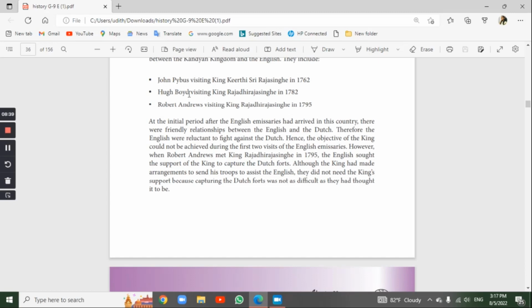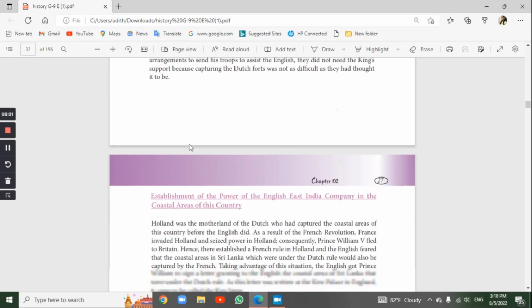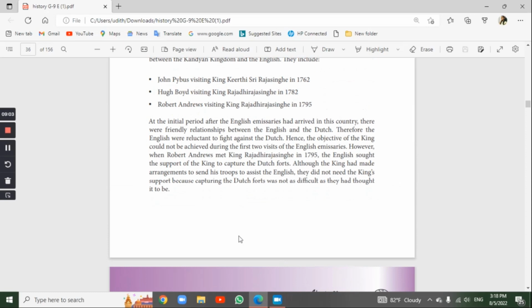There was no objective achieved for the king. However, after Robert Andrews met King Rajadiraj Singha in 1795, the English fought the Dutch, captured all the Dutch forts easily, and captured the coastal areas of Sri Lanka. After Robert Andrews came, they were able to end the Dutch rule in the country.